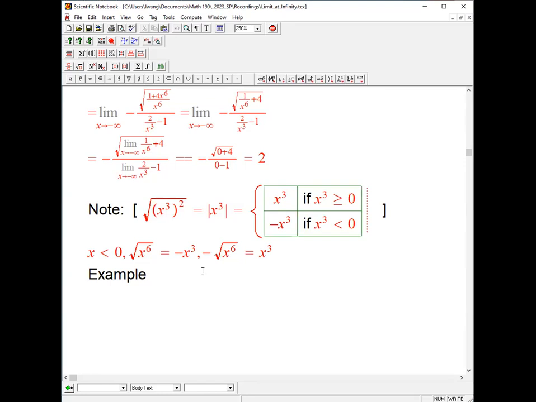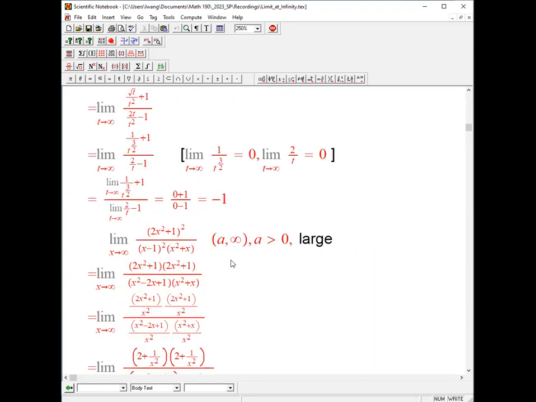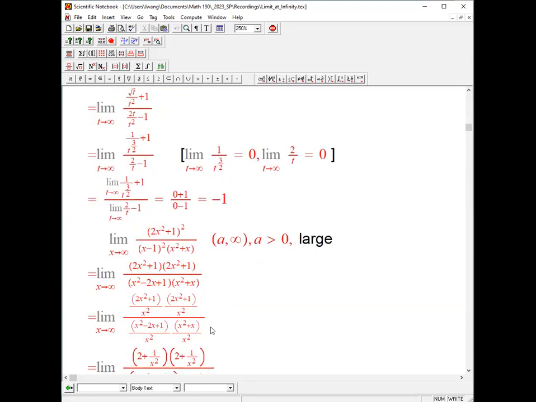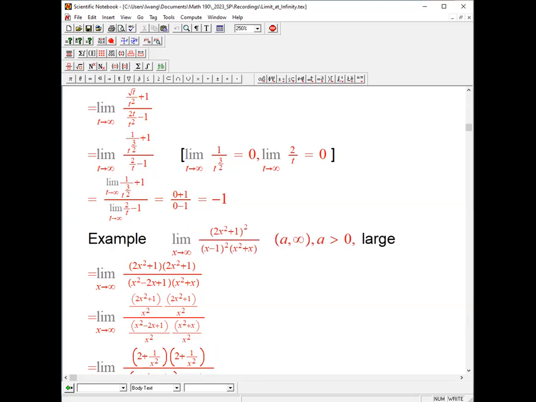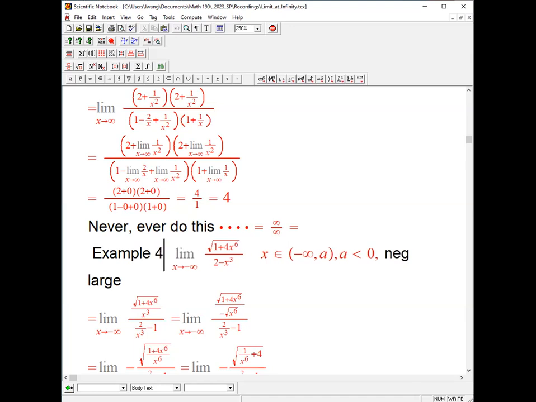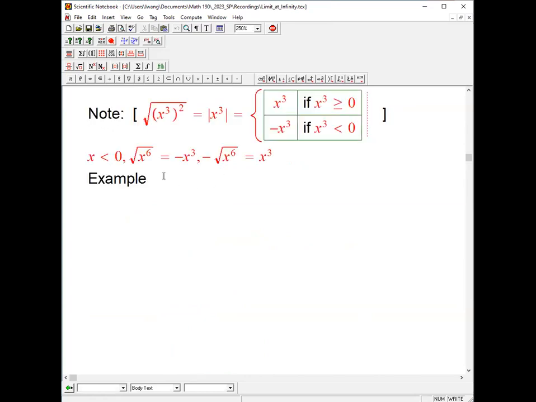Example number 3. Is it? No, this is 2. Oh, that is 3. Example number 4. We've done 4. That's good. Number 5. This is number 5.